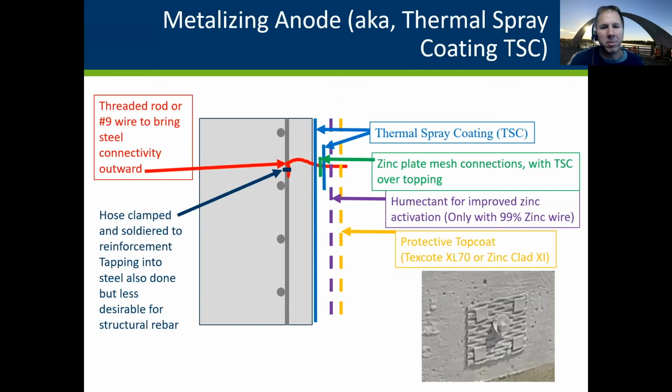This stuff, when it's subject to the atmosphere, will corrode faster, which is good for current output, but it's not good for longevity. So whenever we have metallizing, they spray a protective top coat on top of it that's breathable. And we can help you with that with the submittal if they propose something, but just know that you just don't spray and walk away. There has to be a top coat.